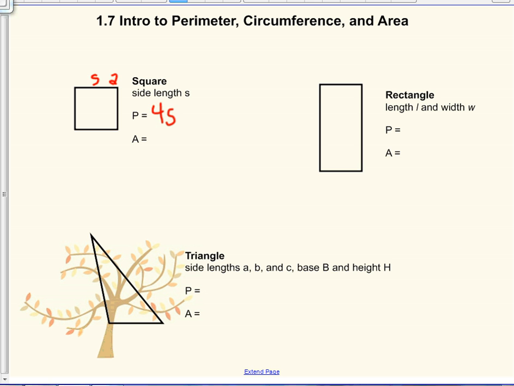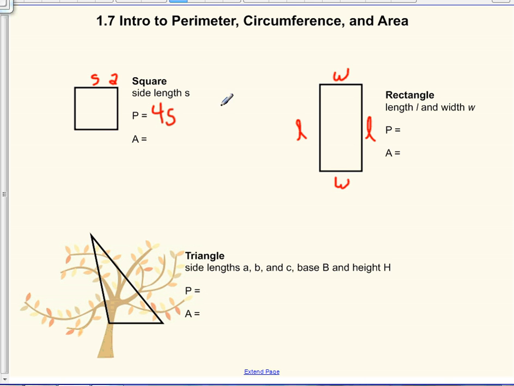All right, moving on to the rectangle. In this case, we have a length and a width. Now, on a rectangle, we know that the lengths are the same size and the widths are the same size.